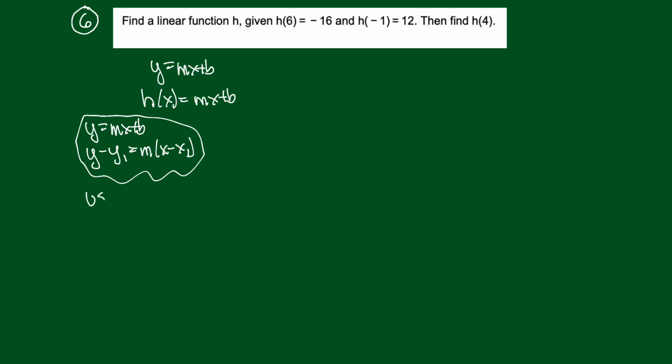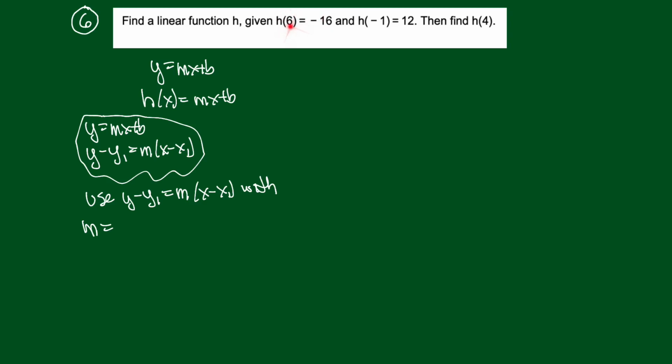I'm going to use y minus y1 equals m times x minus x1, with m equal to, now we don't have the slope, but I do have 2 points. So look what we're given here. Now we just have to read through this notation. This is really when x is 6, y is -16, right?